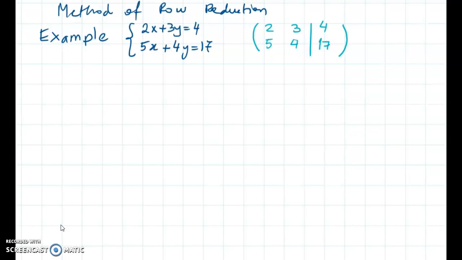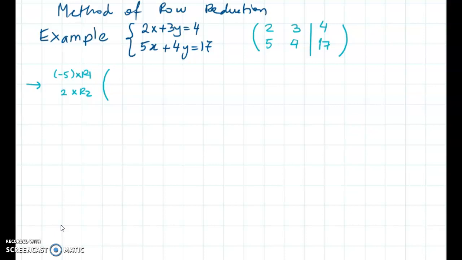So what I'm going to do is to substitute each of the rows by a multiple of itself. I'm going to substitute the first row by negative 5 times itself, and the second row by 2 times itself. By doing this, I'm going to get for the first entries negative 10 and 10 in the first column, and that's going to be very convenient for us to eliminate the values that correspond to x.